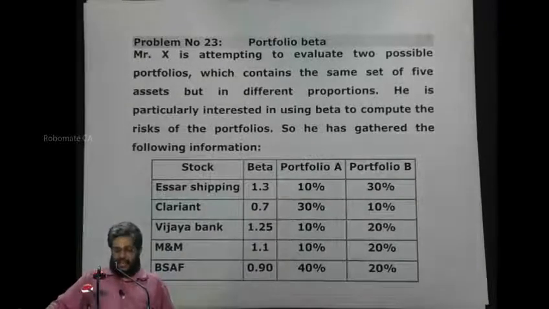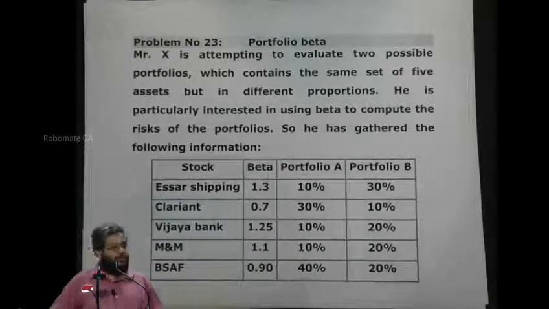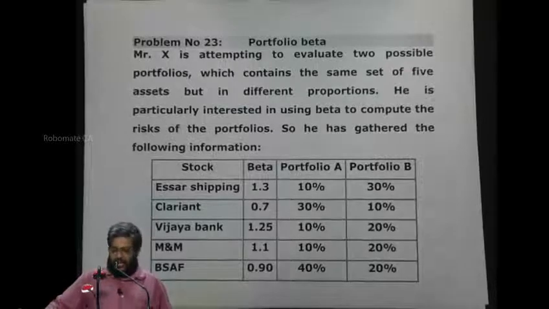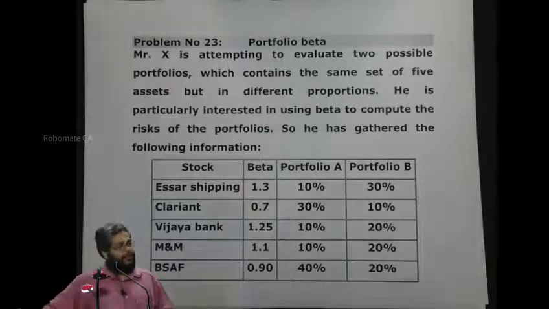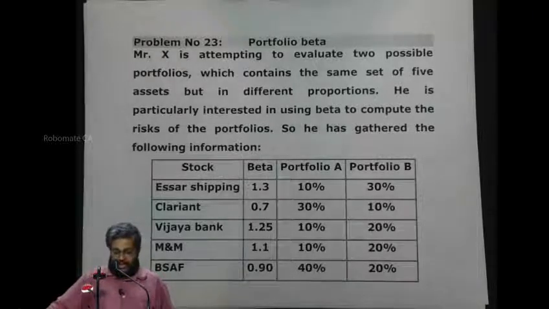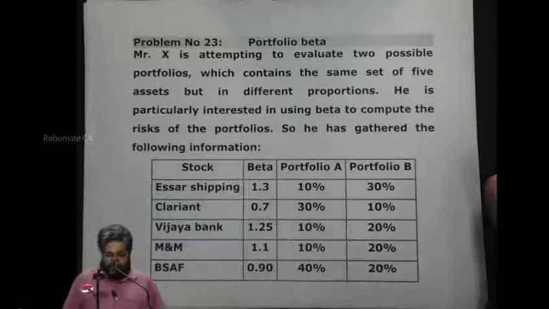Mr. X is attempting to evaluate two possible portfolios which contain the same set of 5 assets but in different proportions. He is particularly interested in using beta to compute the risk of the portfolios. So he has gathered the following information.